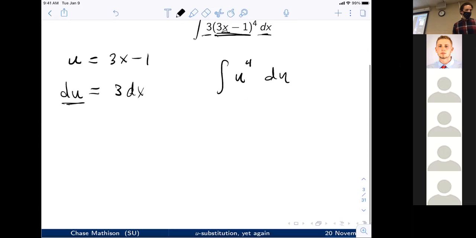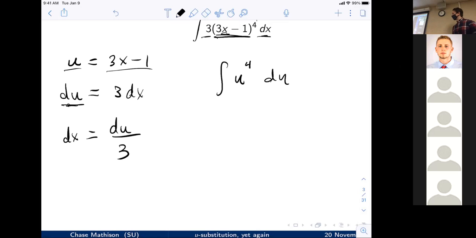Something I should mention: instead of finding the right number to multiply du by, some people like to just solve for dx and plug in what you get for dx. dx is normally going to have x's, right? The only downside is if you have x's left over, then you have to solve this equation for x and plug that in, which is sometimes necessary. Sometimes there's no way around that.